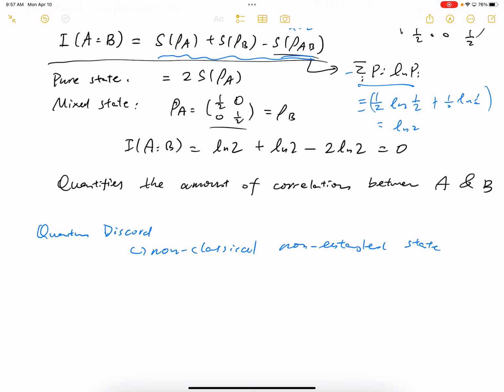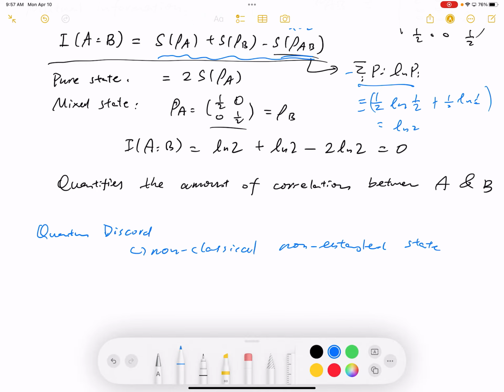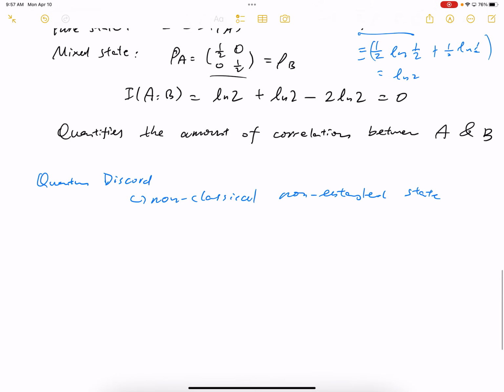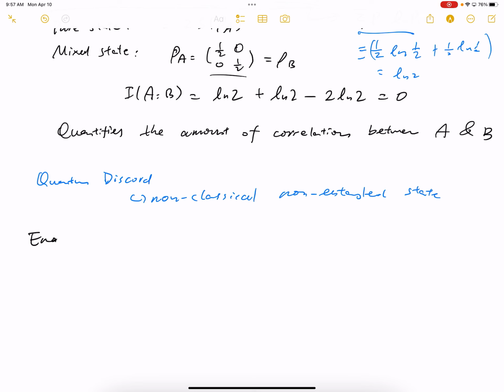All right. So that's about entanglement. This is a very important concept, and we talked about mixed state and pure state, and how to quantify them in a many-body system. Now we're going to come back to the topic of the entanglement area law. This is a pretty new concept.